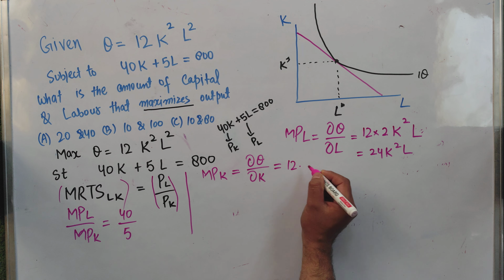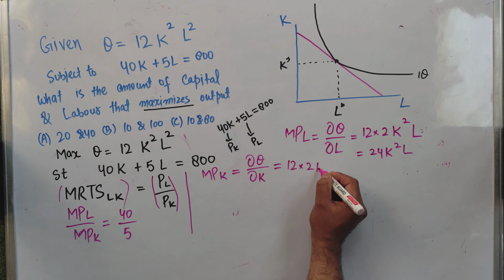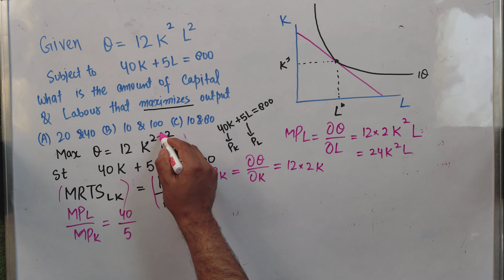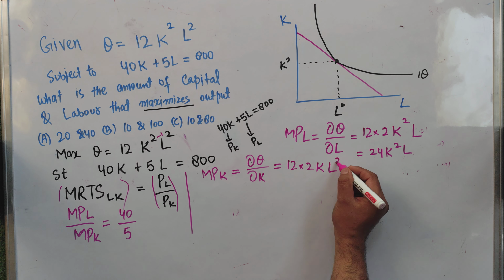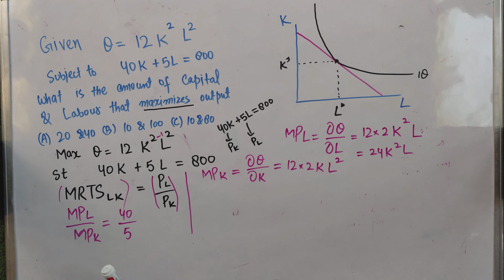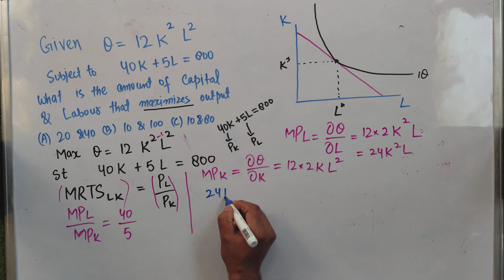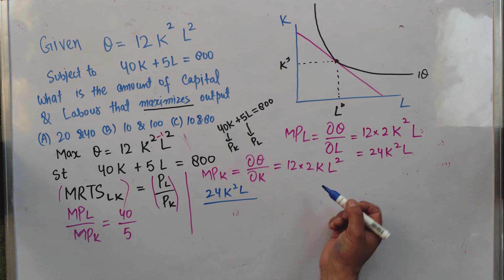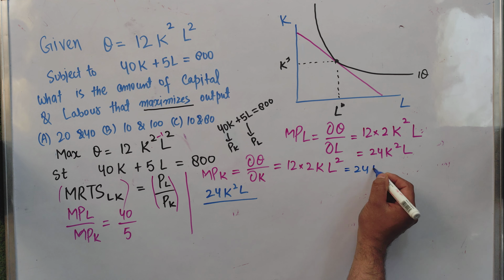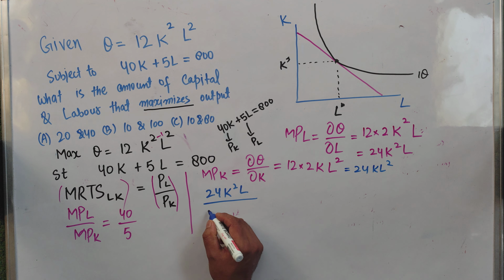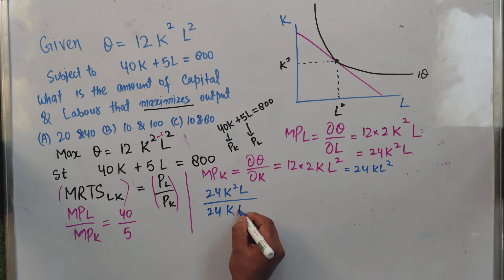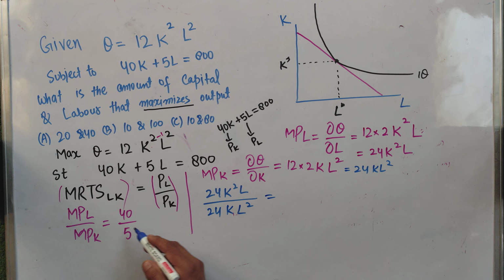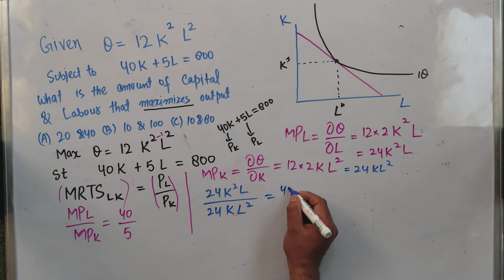So we have 12 times 2 times K, because 2 minus 1 is 1, and L² remains as it is. Now using this condition, MPL is 24K²L divided by MPK, which is 24KL². So we get 24K²L over 24KL² equal to the input price ratio, 40 upon 5.